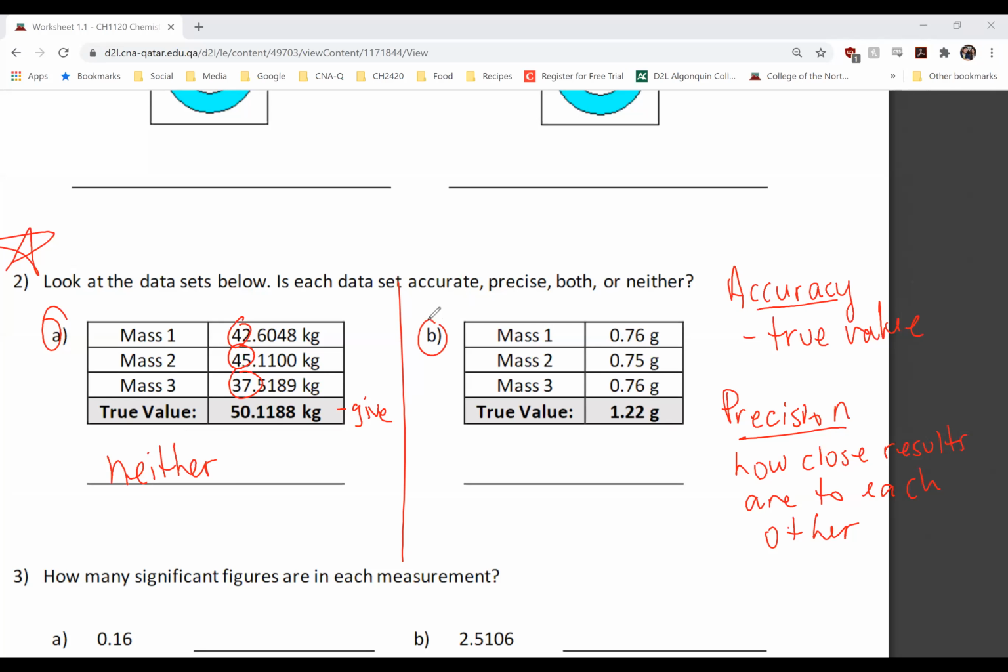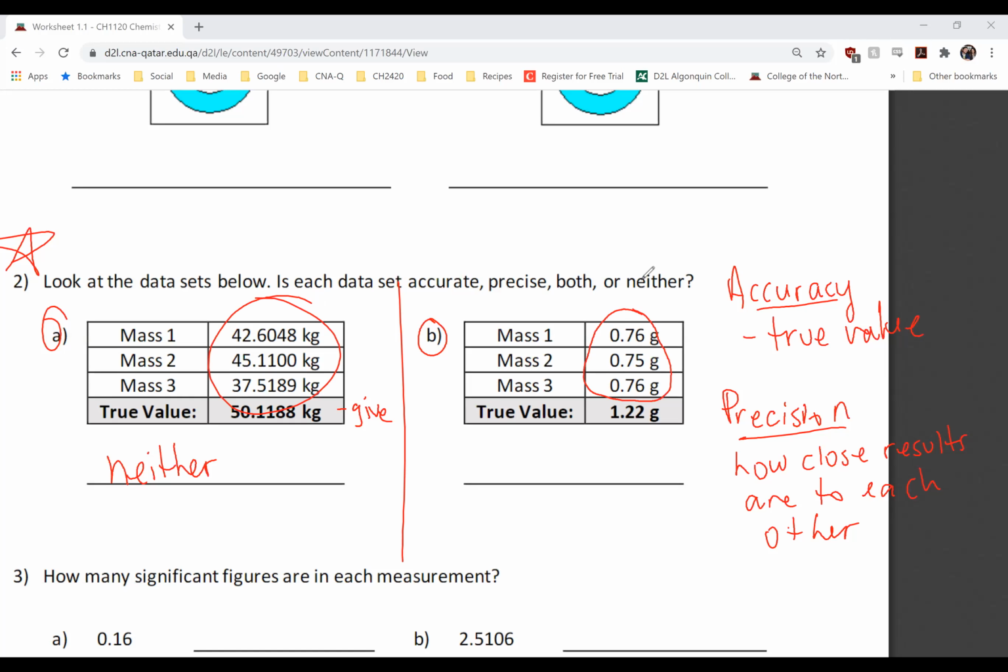If you look at B compared to A, A's answers are all over the place: 42, 45, 37. If you look at B's answers, they're very close together: 0.76, 0.75, 0.76. That is pretty precise. In a perfect world, you'd want it to be 0.76 every time.